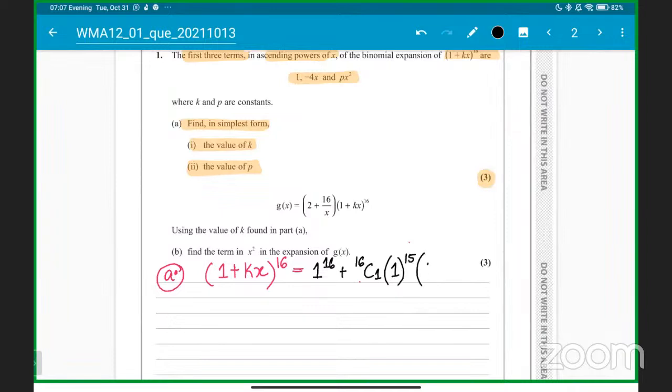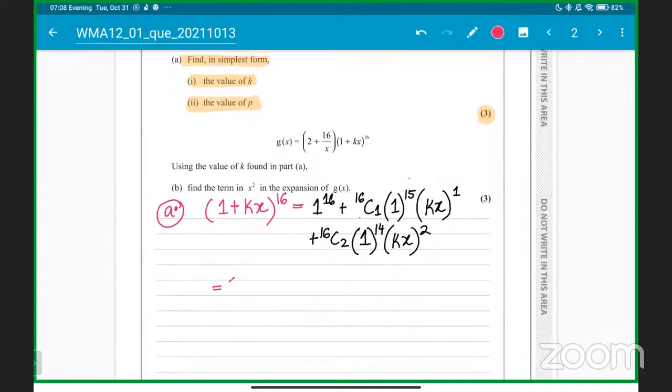That's the same thing, nothing value added. Kx to the power 1, and then it will be 16C2, 1 to the power 14, into kx to the power of square. Understood? Clear? Got it? Any problem? So here we go. It will be 1, 16C1, it will be 16kx. Are you guys following?